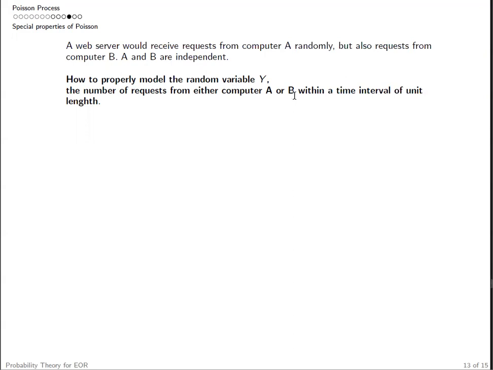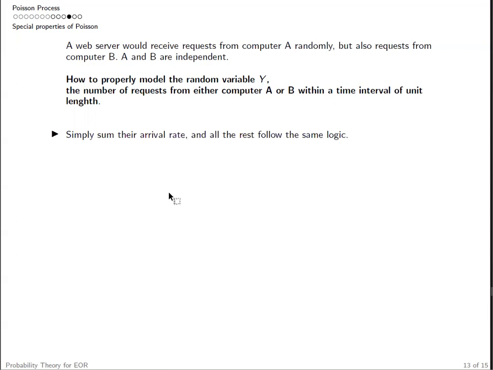It's exactly the same story. We can regard computers A and B just as one new computer. And again, this new computer is going to send some requests to the web server. Of course, because now we are combining two computers together, we need to sum their arrival rates together, right? Suppose A has arrival rate lambda A, B has arrival rate lambda B, we just sum them together.